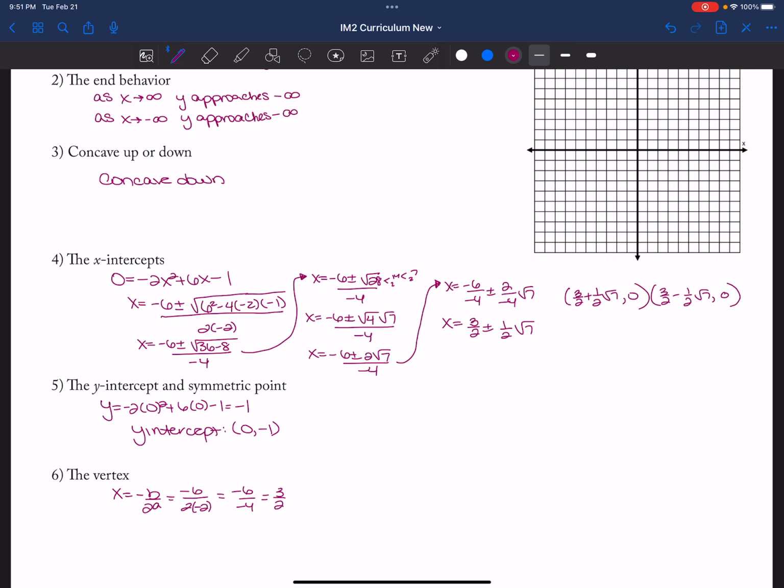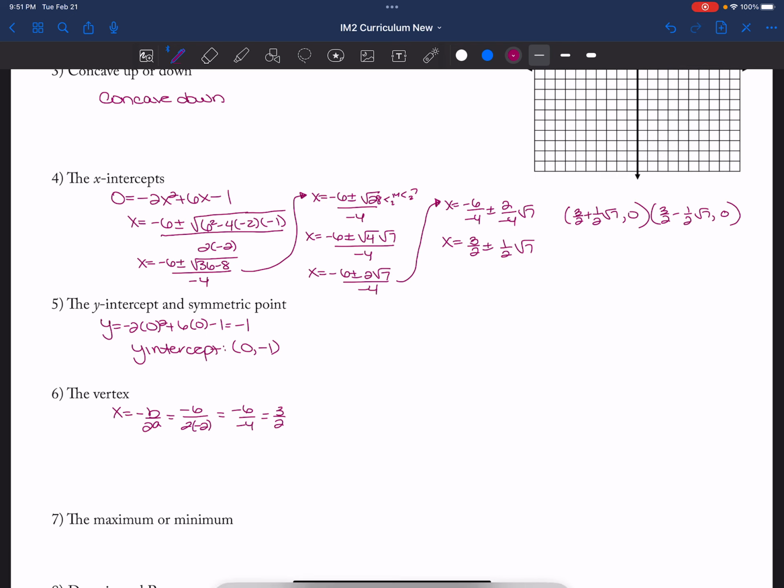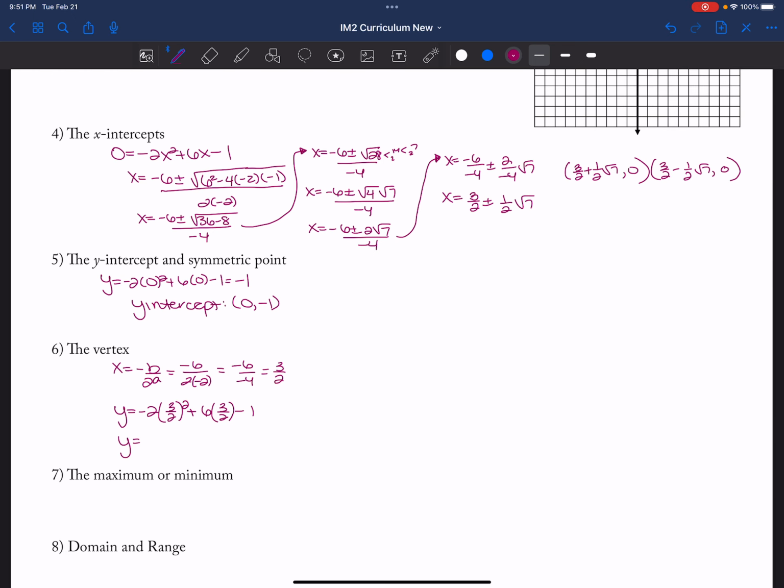Okay. And then I have to find my y value. So y is equal to -2 times 3/2 squared plus 6 times 3/2 and then minus 1. So y is equal to -2 times 9 over 4 plus 18 over 2 minus 1.